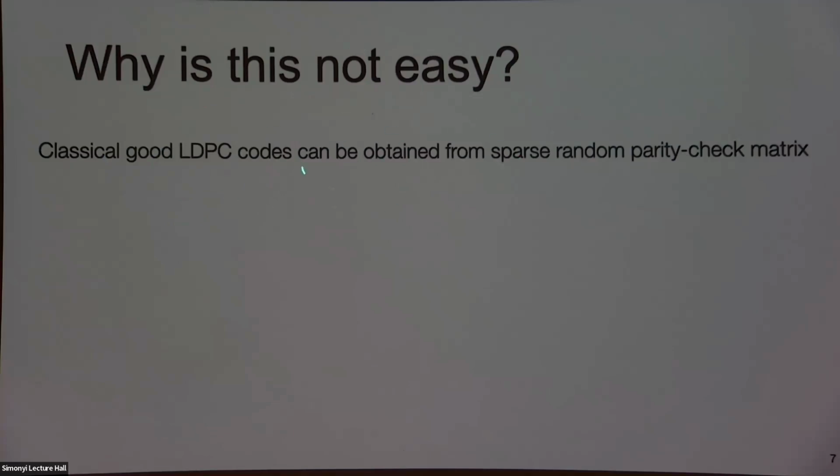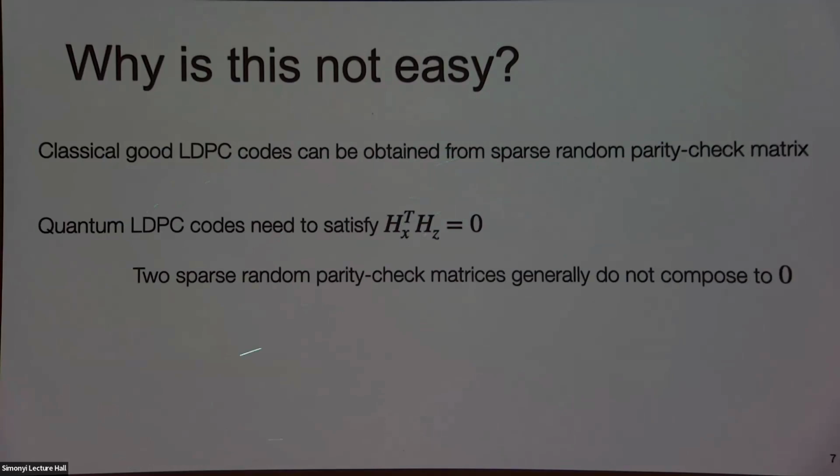This can be done pretty straightforwardly by taking a sparse random parity-check matrix, and it will work. But the same doesn't hold for quantum. Quantum codes have to satisfy an additional condition, and if you just take two random parity-check matrices, then when you multiply the two, the product is generally not zero.